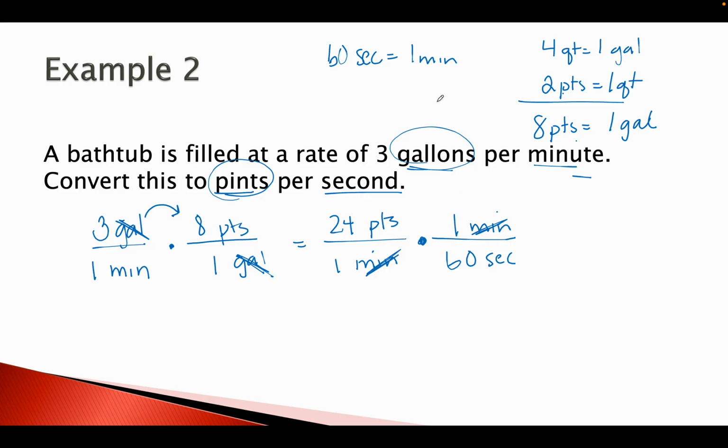The location of the 1 is going to change depending on what you want to cancel out. When we multiply these, we end up with 24 pints in 60 seconds. If we divide that to get a unit rate, that's about 4/10 of a pint per second.